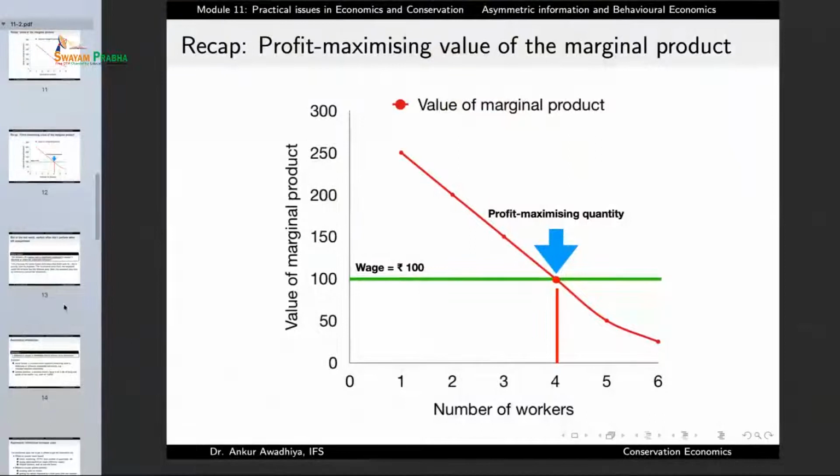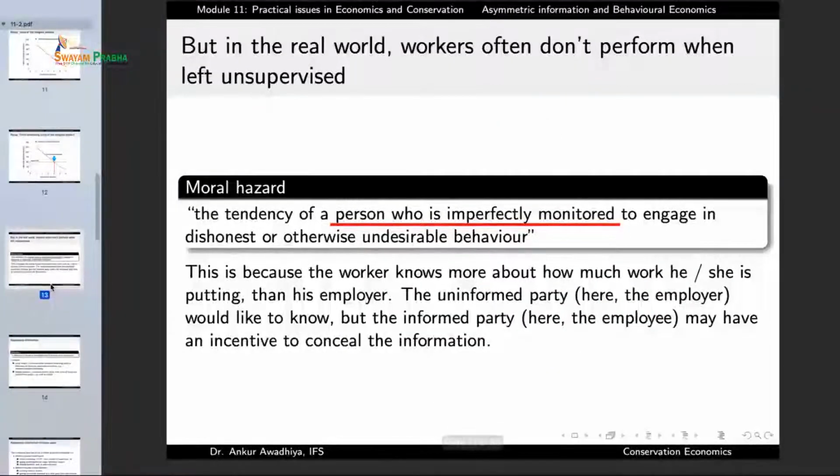So this is something that we had left out throughout our understanding of economics because we were taking people to be rational beings. We were taking everybody to be honest persons. But in the real world, things are a bit different. Sometimes things are very different because of things like moral hazard. If people are not perfectly monitored, then it is possible that they will engage in dishonest or otherwise undesirable behavior.